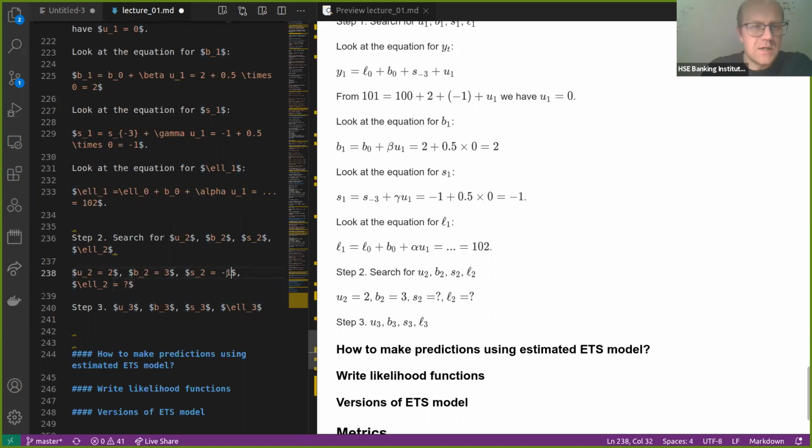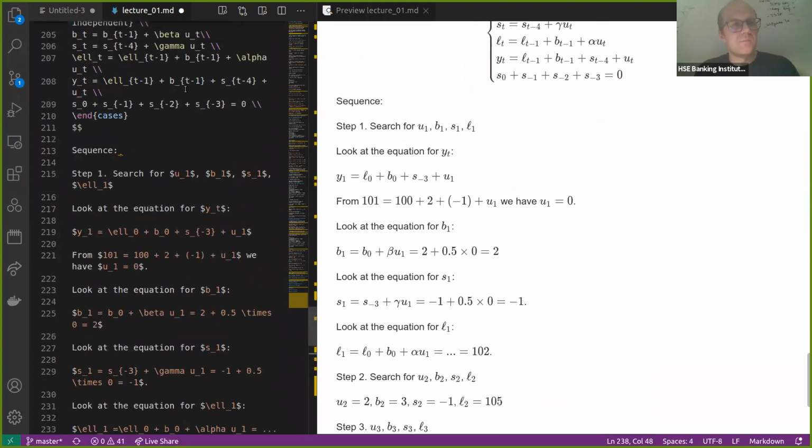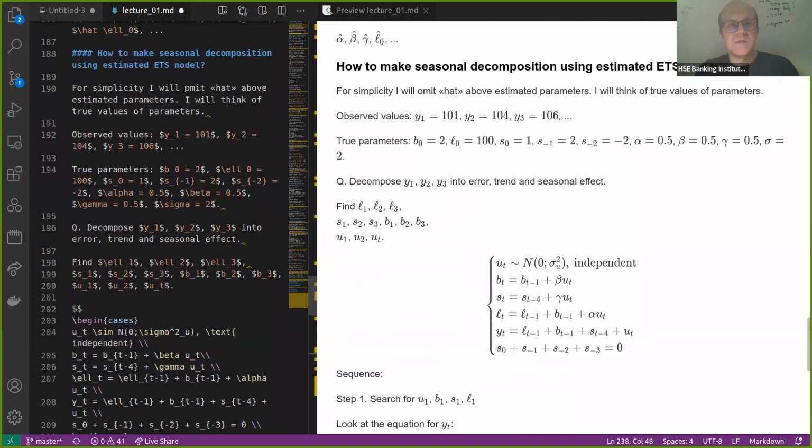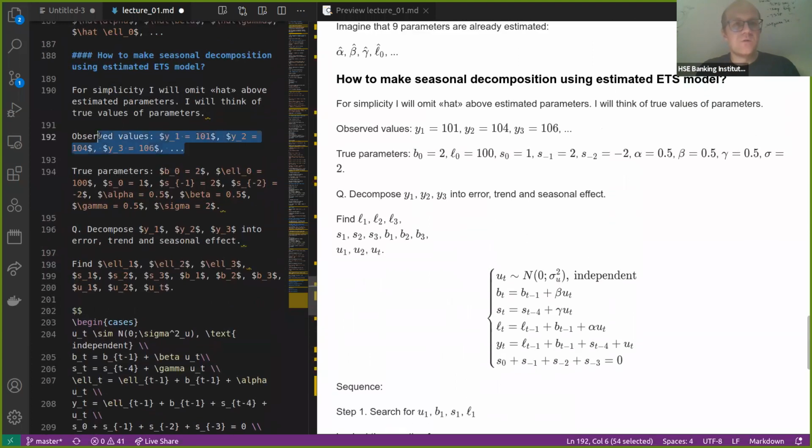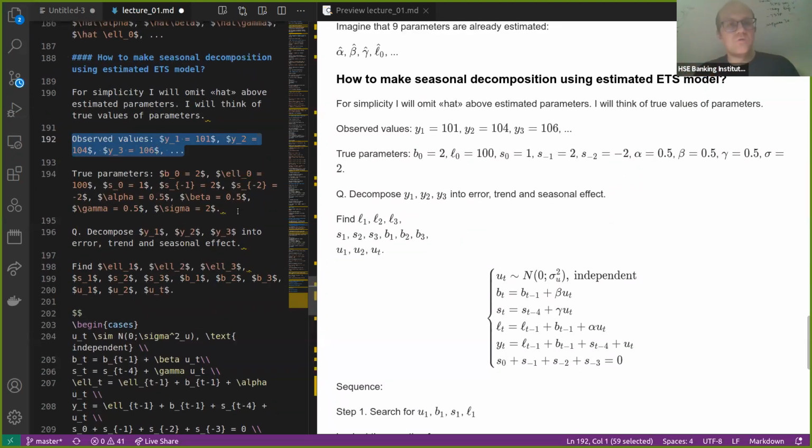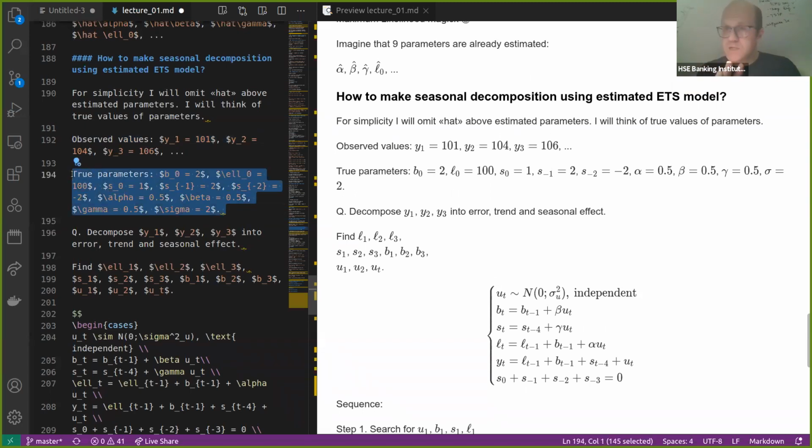So I think that we have mastered decomposition because basically you repeat the same process. Let's recap a little bit. Where we have started, we have the observed value of the process. We have true parameters in this exercise.